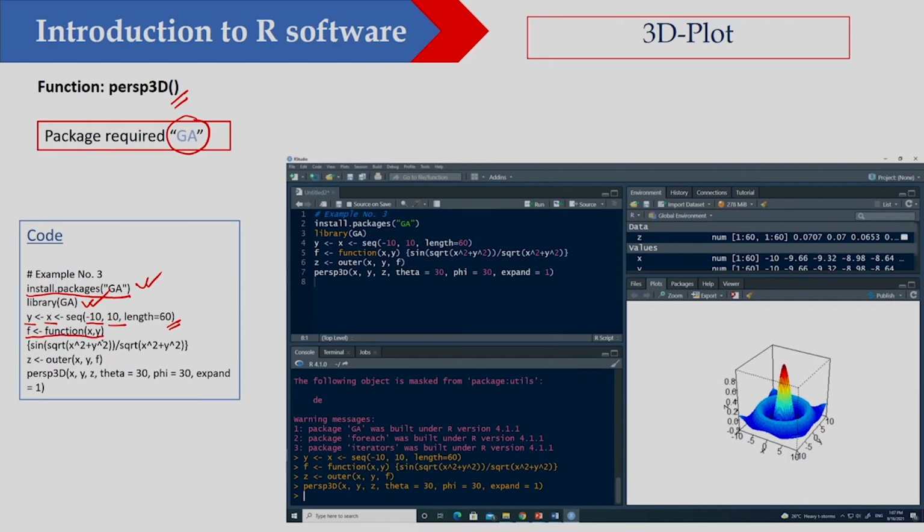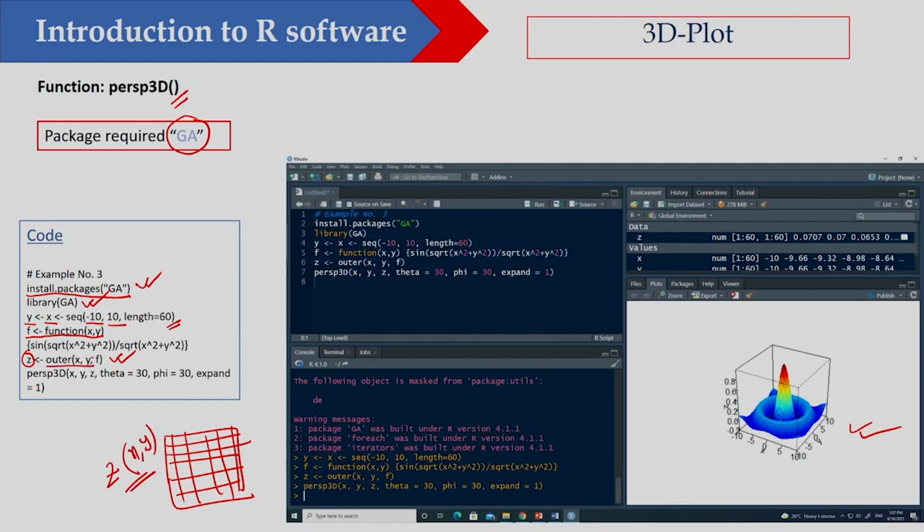Then you are using this particular function. This is a function of x and y, and this is the function I have used to plot here. Then you calculate the value of z, that means at each grid point you calculate the value of this function, and I put it in z. So, z is a function of x, y.